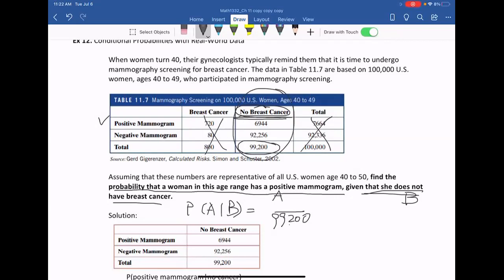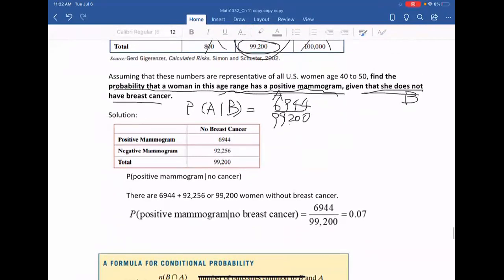So based on the given number of women who don't have breast cancer, how many women have a positive mammogram? The positive is here, 6944. And then we simplify this result. The number is here.